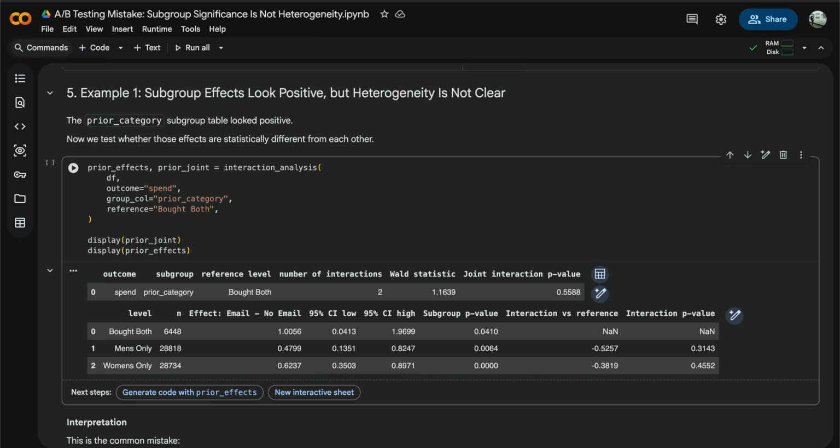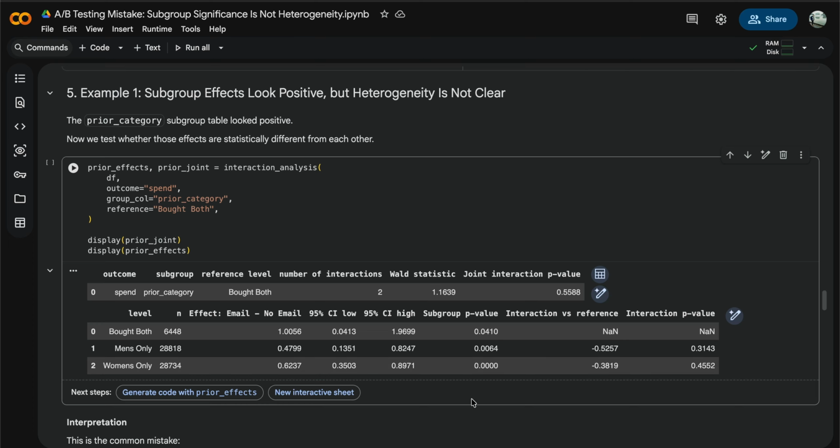A subgroup can have a significant treatment effect, while the difference between the subgroups is still not statistically reliable. That distinction is extremely important in experimentation readouts.